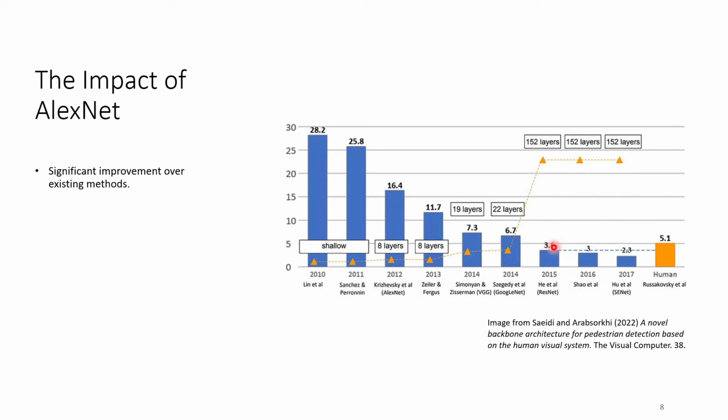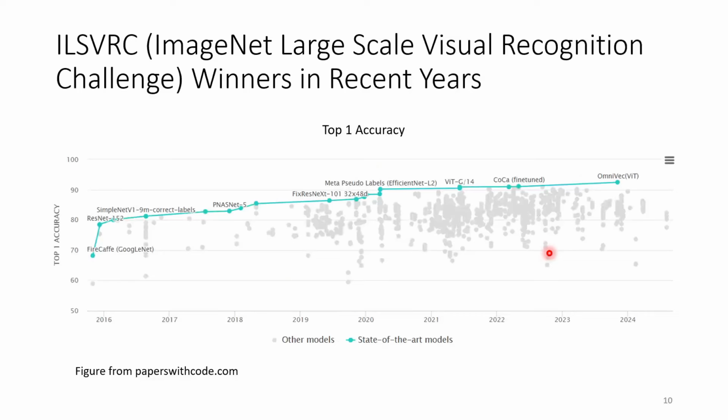Compared with machines, from Kaiming He's ResNet, machines do a better job than humans for this task. This is the performance on the ImageNet dataset in recent years, and you can see ResNet here.